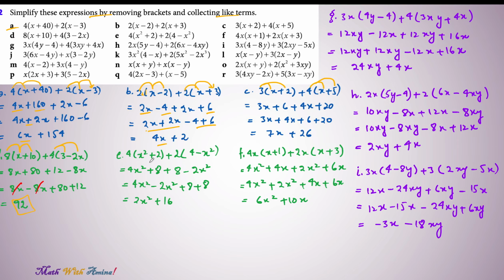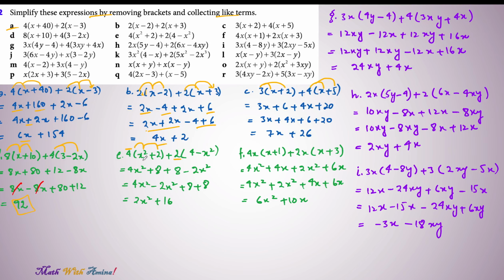Then we have the fifth one, which is 4 into, in the bracket, x squared plus 2, then plus 2 in another bracket, 4 minus x squared, and the bracket closes. So with two brackets, we first have to expand. And how do we expand? We multiply the term outside the bracket with each term inside the bracket.